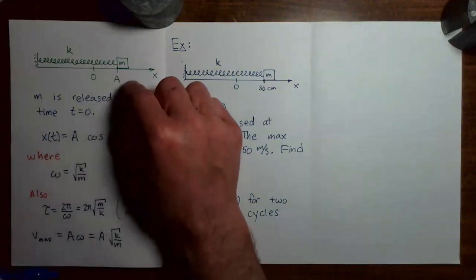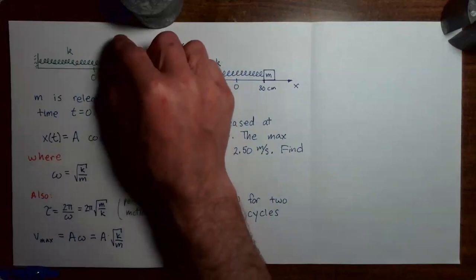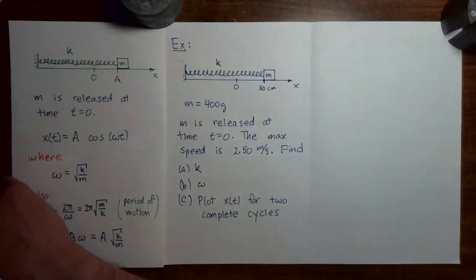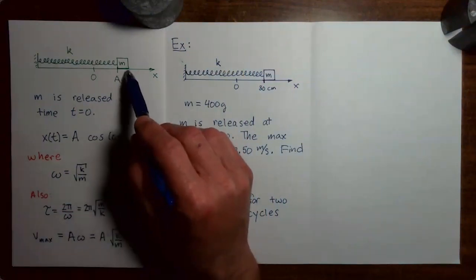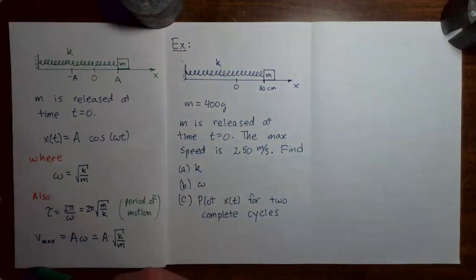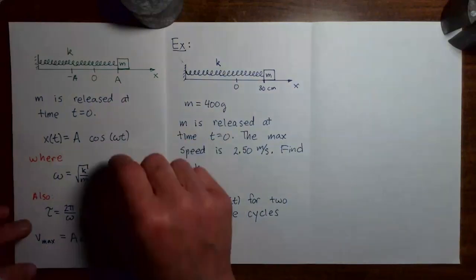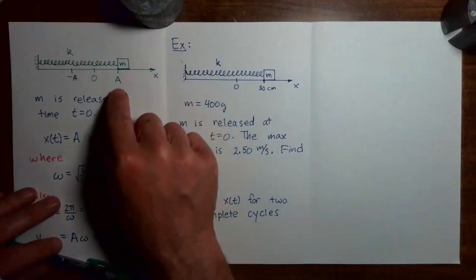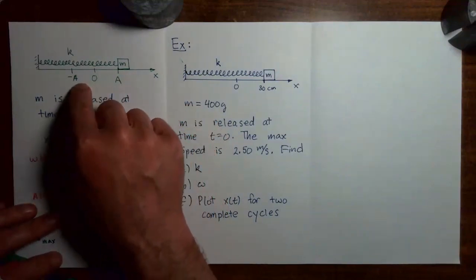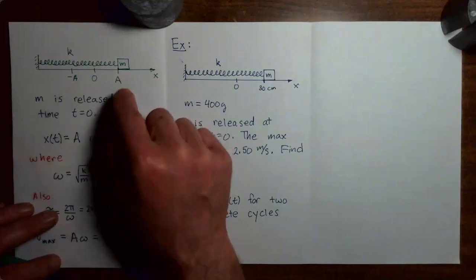The idea is that we attach the mass to the spring and then pull on the mass so that the spring extends, so that the mass is then located at a coordinate x equals a. Then at time t equals 0, we release the mass so that the mass oscillates back and forth between x equals plus a and x equals minus a.